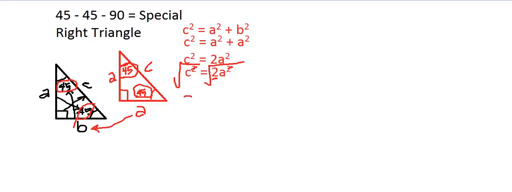So this is now c is equal to a times the square root of 2, right? So that is how we're going to find our c.